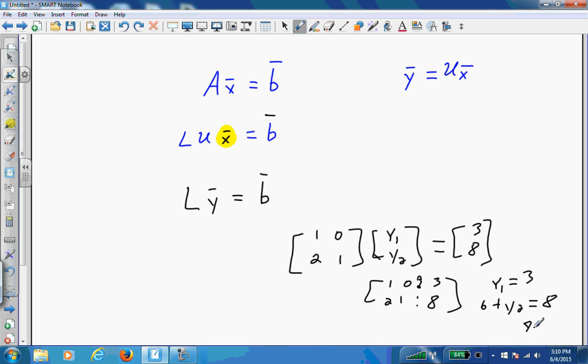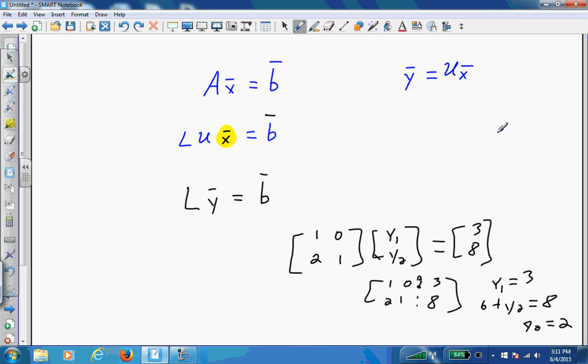Subtract 6 from both sides, so y2 is 2. So that gives us what y is. So this being lower triangular, that makes it easy to solve for y by substituting, taking this value, plugging it in, and so forth, kind of like we did when we did back substitution.